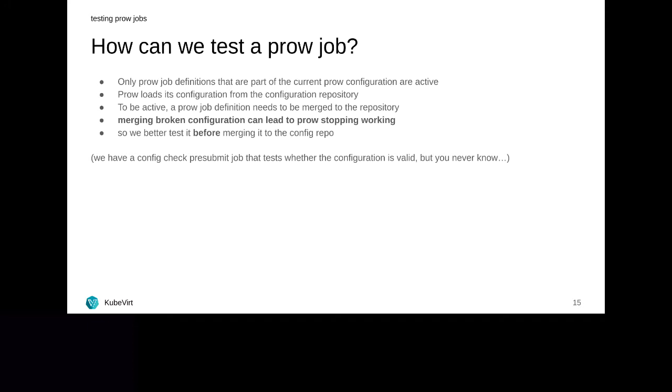A way to test it is just to run it locally, for example. Or you can also run it against the cluster if you don't want to run it locally. My point is that I want to test a Prow job before it gets merged, so that I know that it's working.